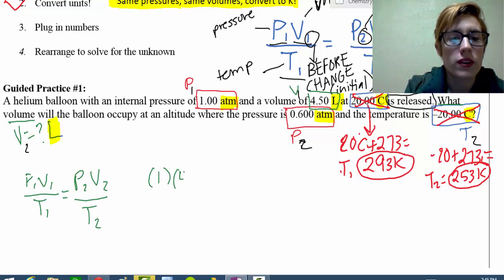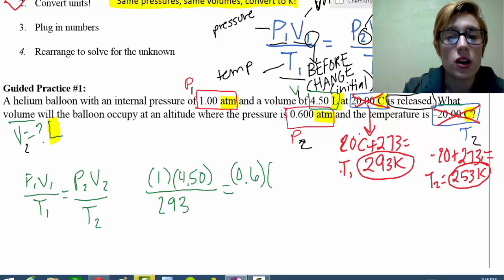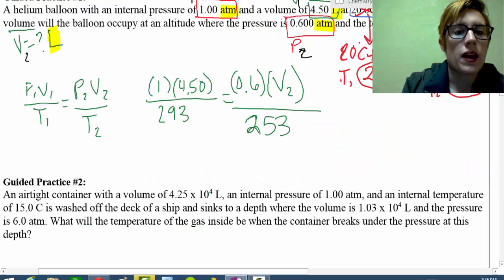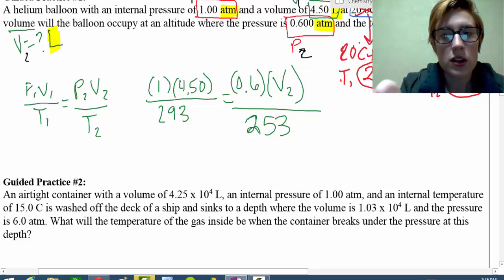V1 was 4.5 liters. T1, remember we changed it, is 293 K. Equals, and what's P2? P2 is 0.6 ATMs. Volume is what we were looking for, so I'm going to leave that there. We don't know that. T2 we converted, it was negative 20, so it's 253 K.